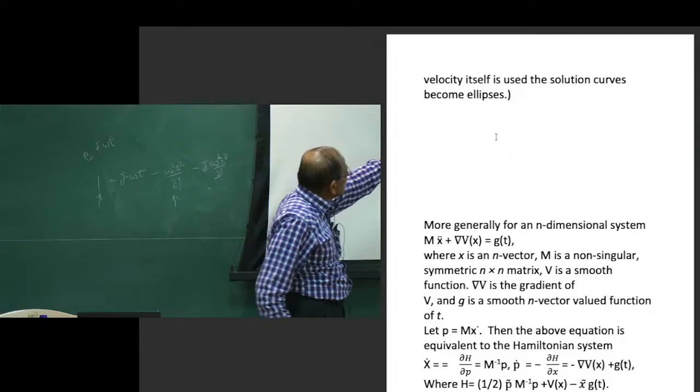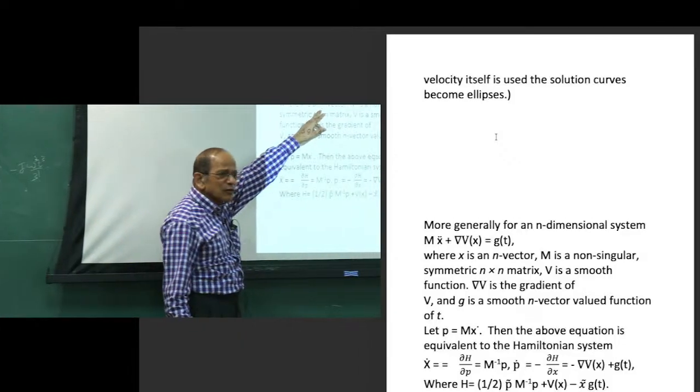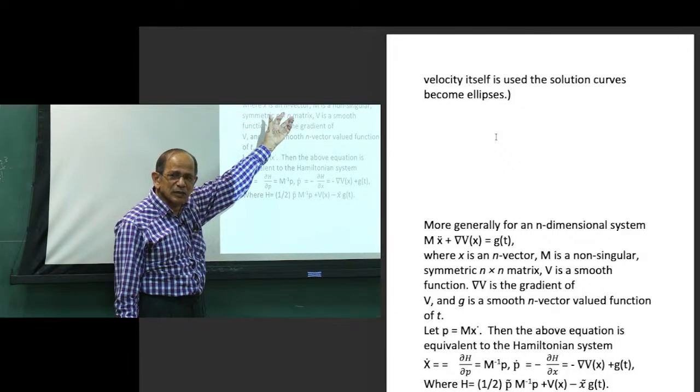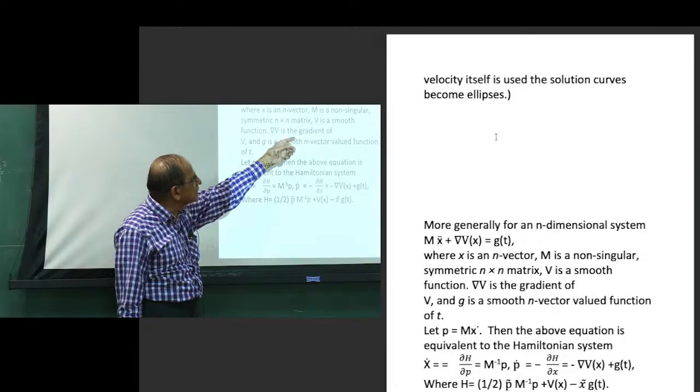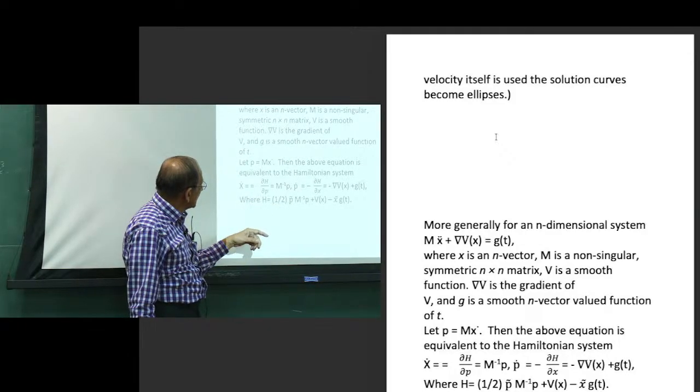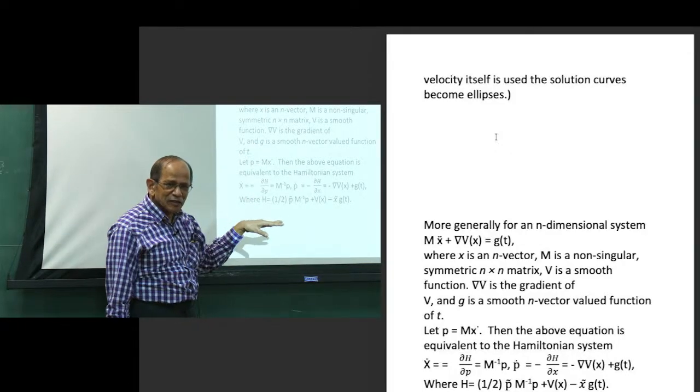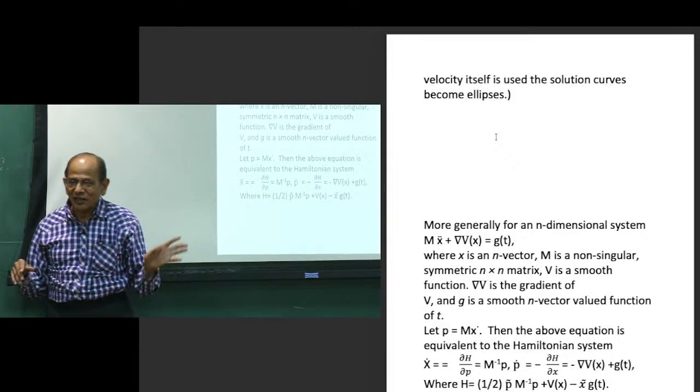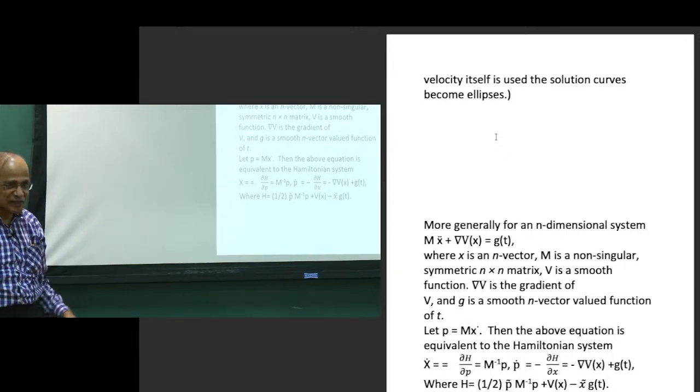Now, this is a more general form in n dimensions with a non-autonomous right hand side. There is a vector field depending on time. Maybe I will skip it at the moment. If time permits, later I will come back to it. But there is nothing much in this.